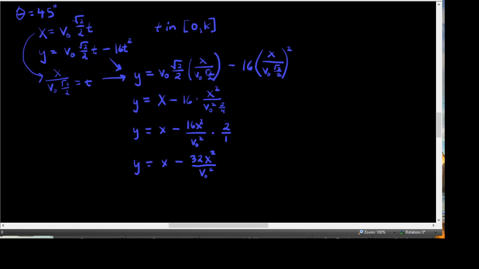And if you look at that equation, you might notice that that's a parabola because only x is squared, not y. And the number in front of x squared is negative, which means it's either going to open left or down. And because x is squared, that means it'll either open up or down.